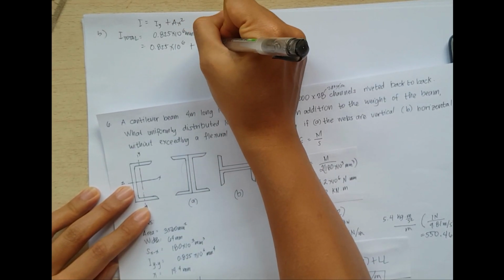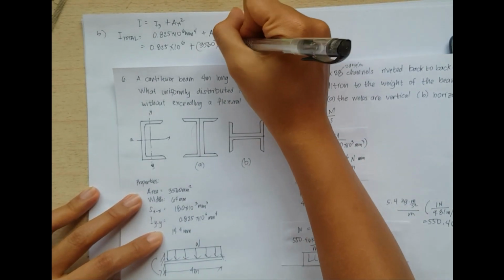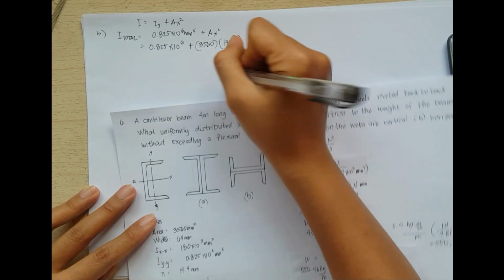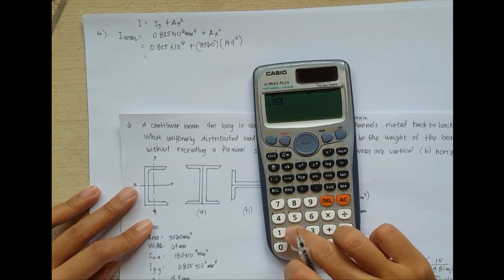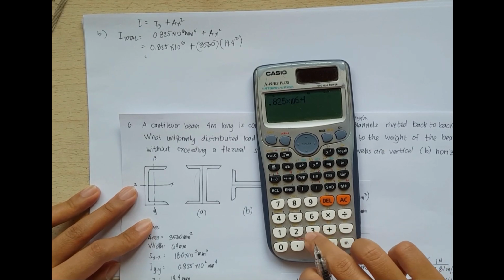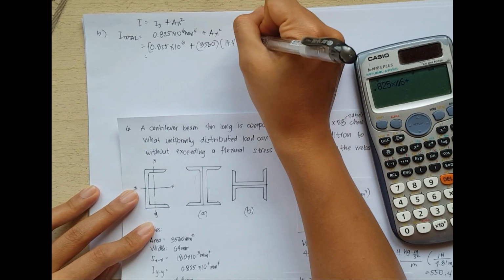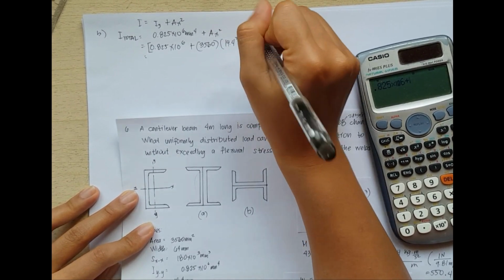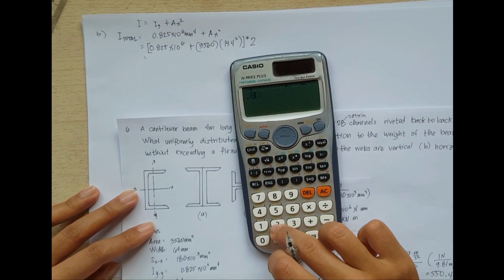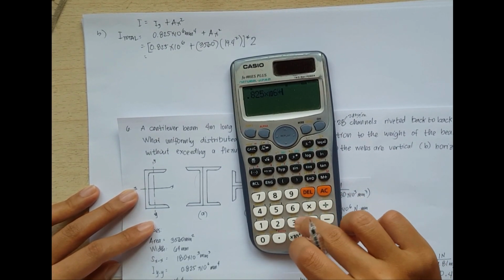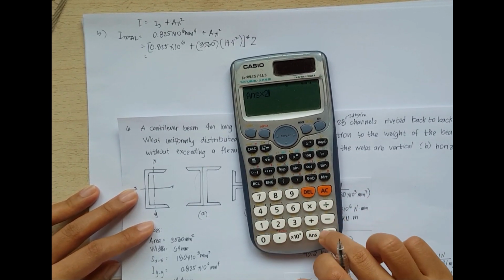So, we have 3560 and then yung x, which is 14.4 squared. Nakalimutan kong i-multiply siya ng 2 kasi back to back siya, so multiply natin siya ng 2. So 0.825 times 10 raised to 6 plus 3560 of 14.4 squared multiplied by 2.